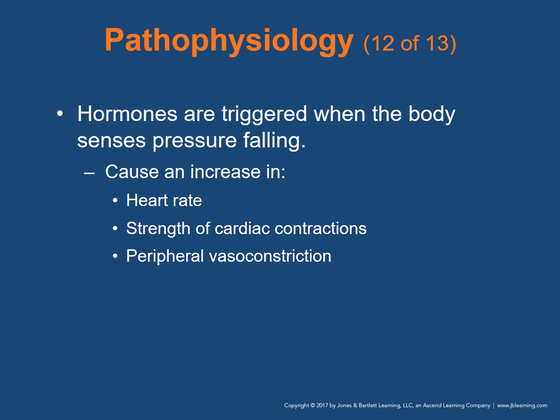So let me increase the heart rate. Or it may say, I know how we get more oxygen. Let's breathe quicker. So the hormones will cause an increase in respiratory rate. Or, another way to get blood with oxygen quickly to the cells is let's constrict the blood vessels. It'll move faster. It'll be under greater pressure. And all of those are the result of hormones that are telling our body that something's wrong.